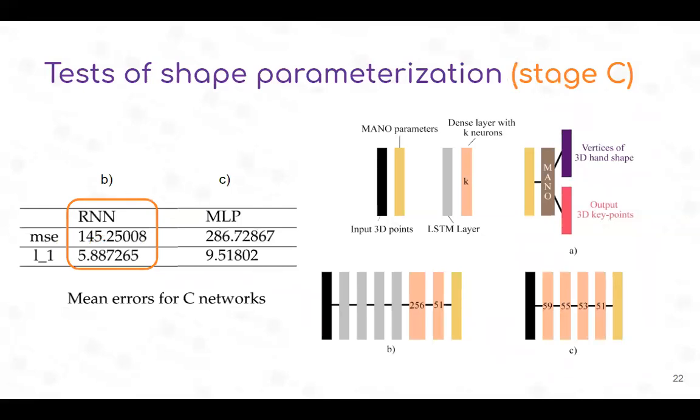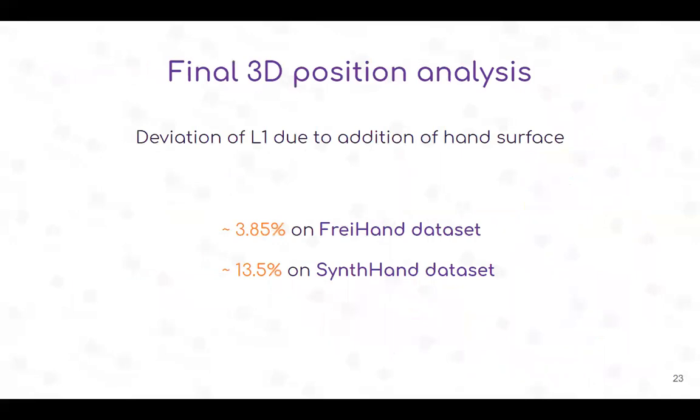shape parameterization. But it is interesting that when we translate 3D points to parameters and then reconstruct them again in a hand, those final 3D points deviate a bit from the input 3D points. For training data, this deviation is around 4%, but for validation data it is 13.5%.